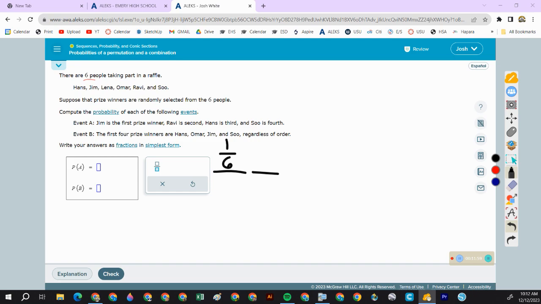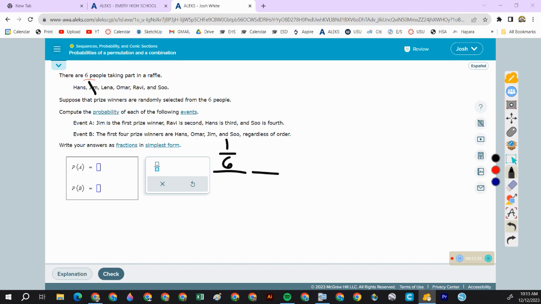What is the chance that Ravi is the second person chosen? That's a little bit harder, right? We already picked Jim. Are we going to put him back in the raffle? How do we know? It doesn't really say, but we're assuming if you win, you don't get put back in.